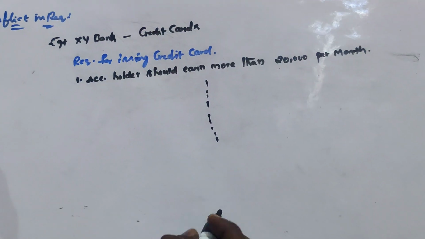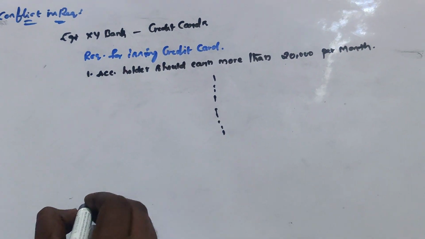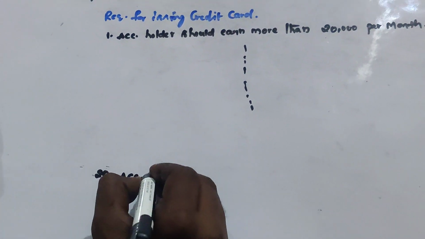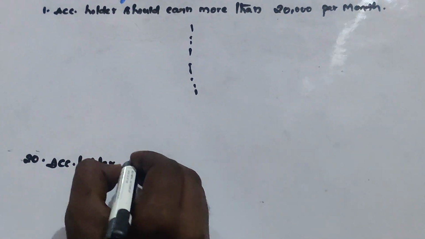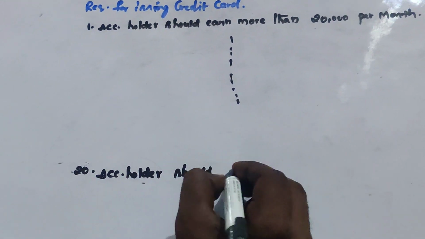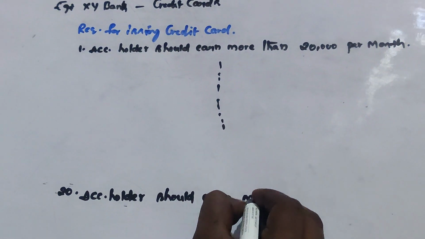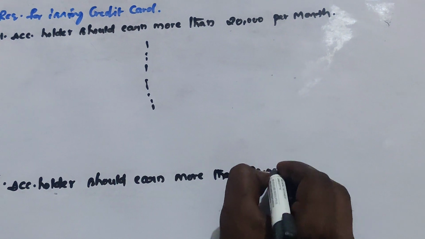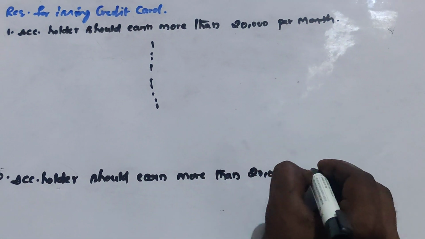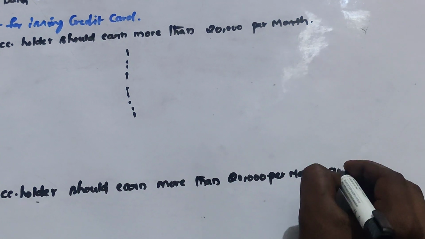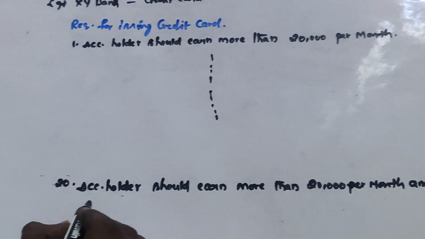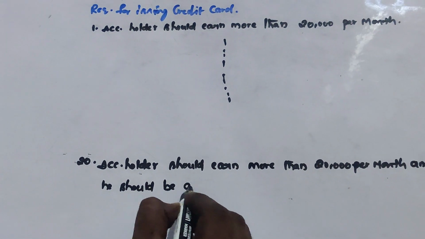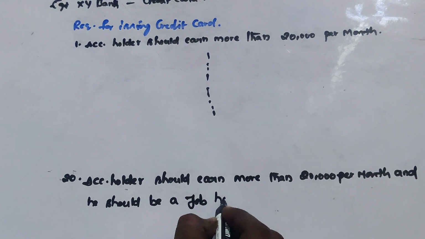He has given so many requirements, and if you go to the 20th requirement, he has given that the account holder should earn more than 20,000 per month, and he should be a job holder.